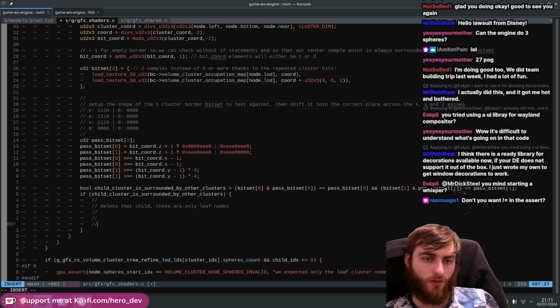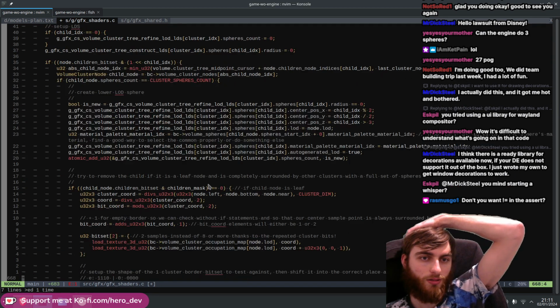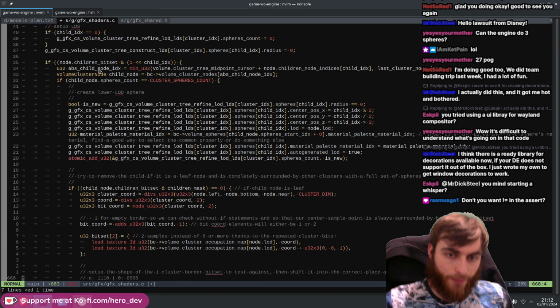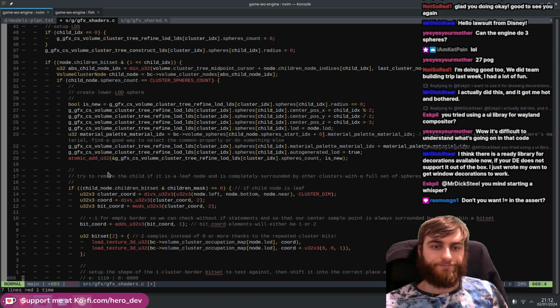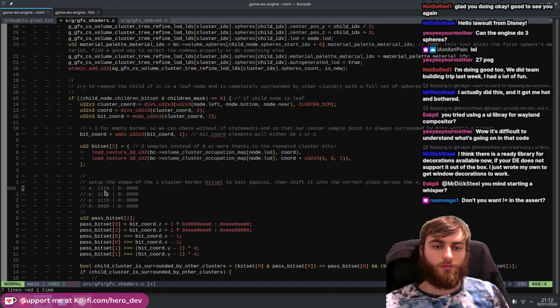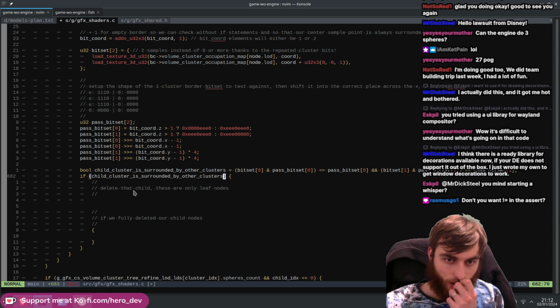Delete the child. So I think we could put the if statement in here. So this is the only place where we would need it. I think that's right. Let's double check that. So you've got, if the child is a leaf, so our clusters, so we delete.